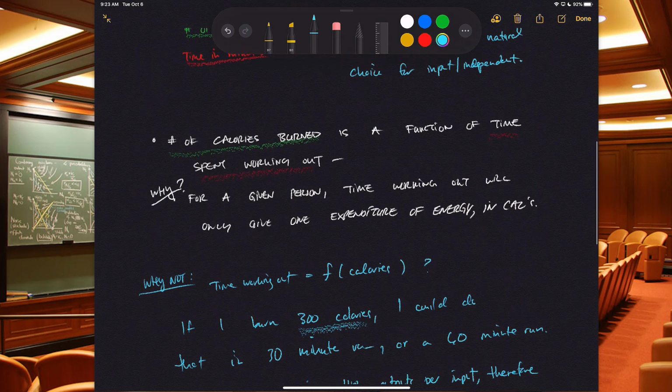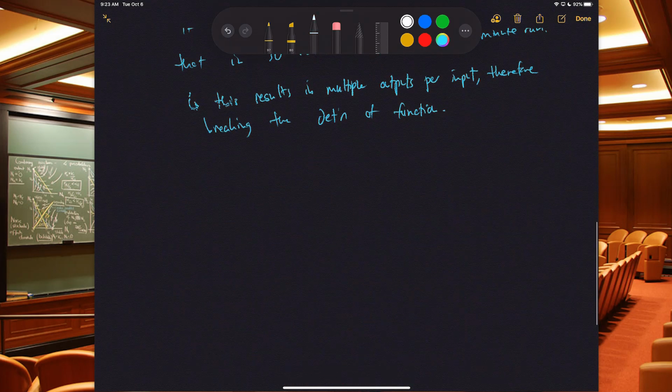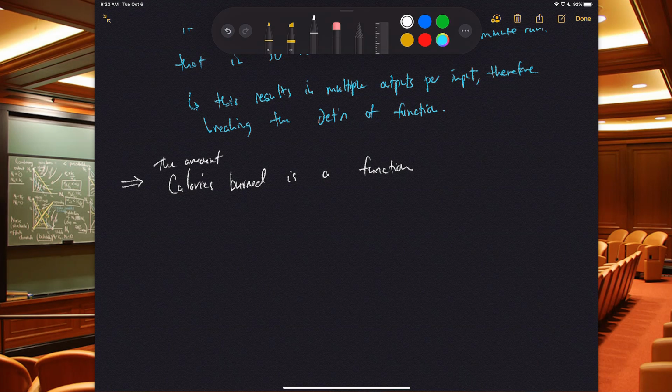And so what we would say here is that the amount of calories burned is a little bit better English.